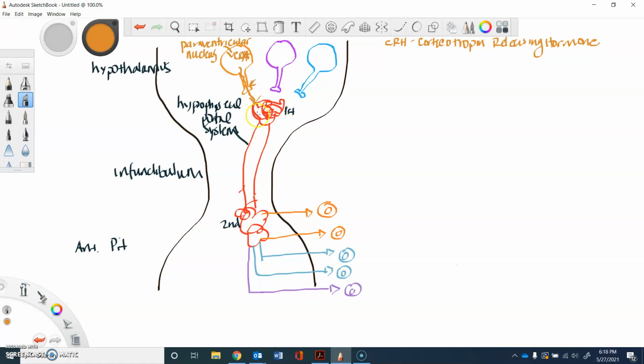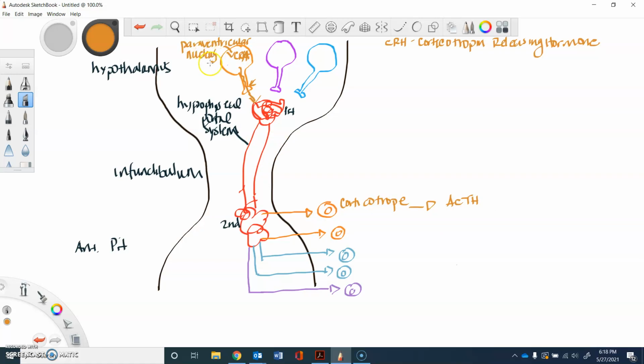It will travel down here, and it will stimulate a cell called a corticotrope. And that corticotrope will be stimulated to secrete ACTH, adrenocorticotropic hormone.